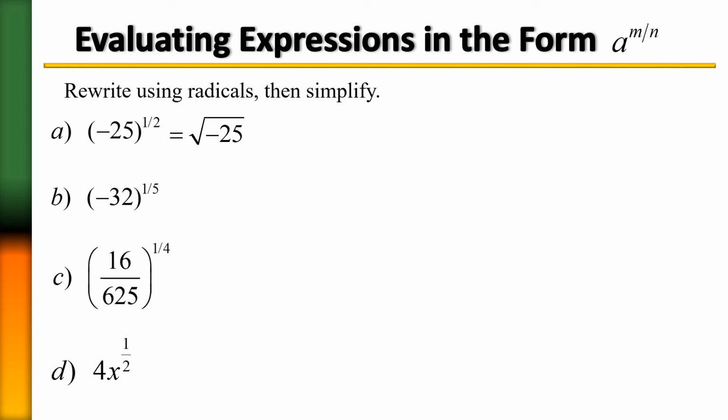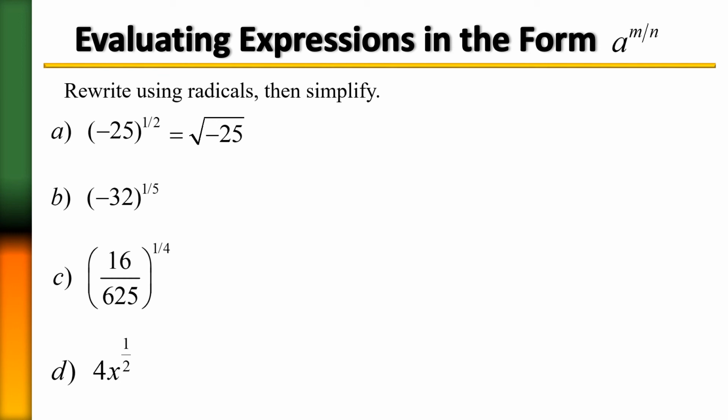If you have the negative outside in front, then it will go outside in front. But if it's in parentheses and it's enclosed inside, then you have to make sure that negative goes with the number inside that radical symbol. And so now we're ready to solve the square root of negative 25. What is the answer to that?